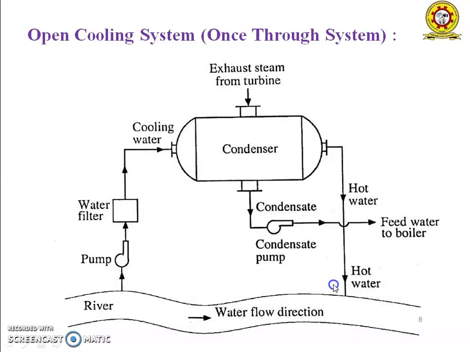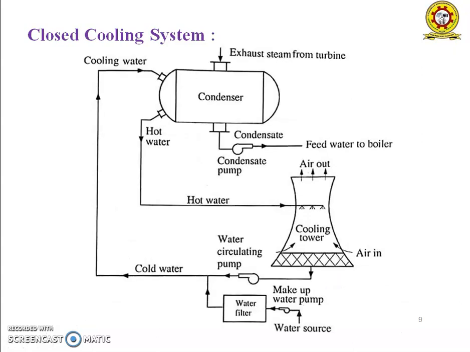And the second type is closed cooling systems. In closed cooling system, the exhaust steam from the turbine is collected in the condenser and the cooling water is collected from the cooling tower and the water sources, that is natural sources.